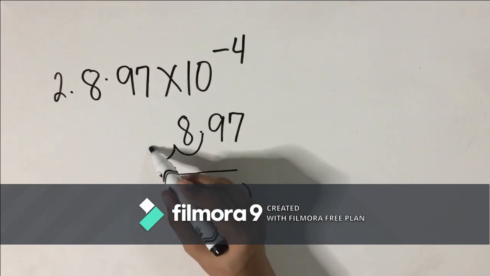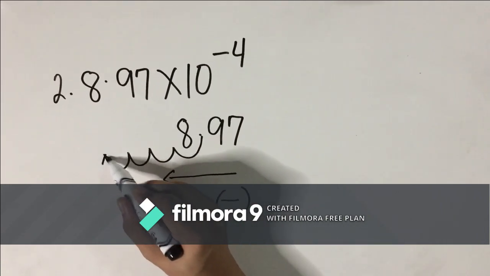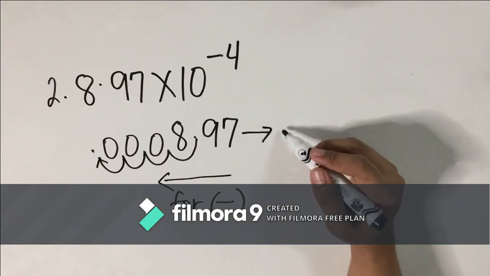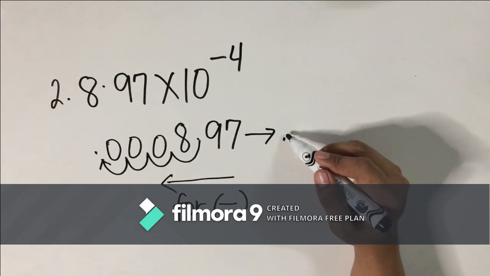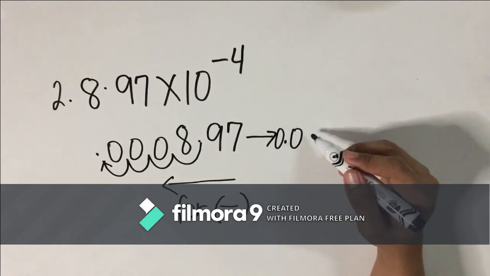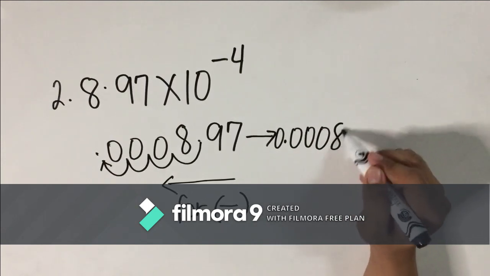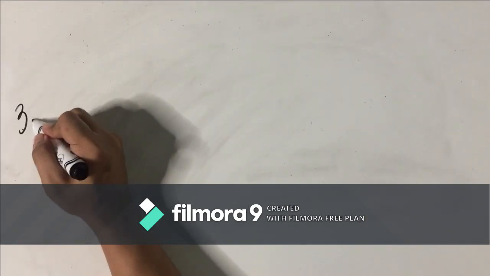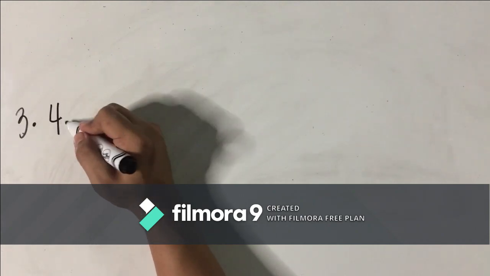So 1, 2, 3, 4. So that's the position of the decimal point. Let's put zeros on those spaces. So we have 0.000897.